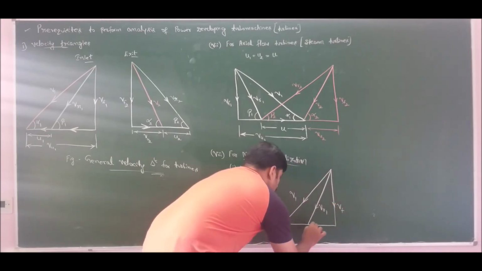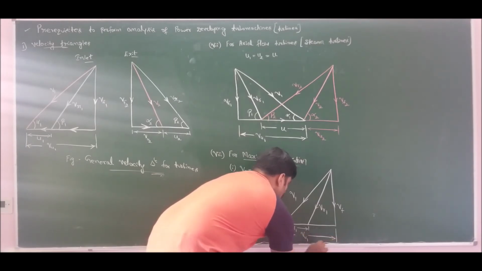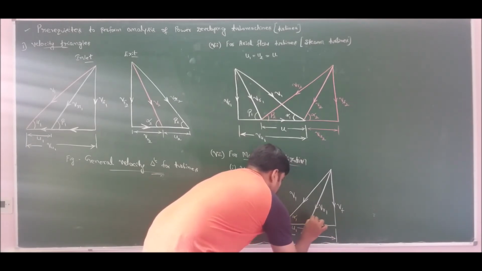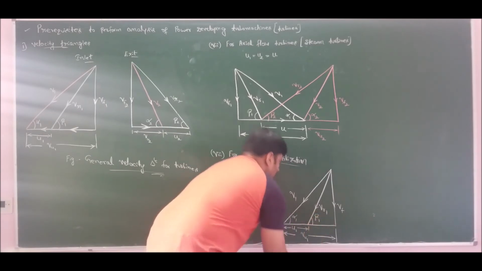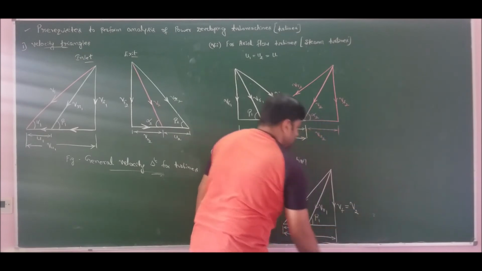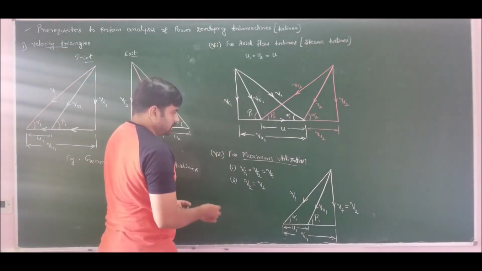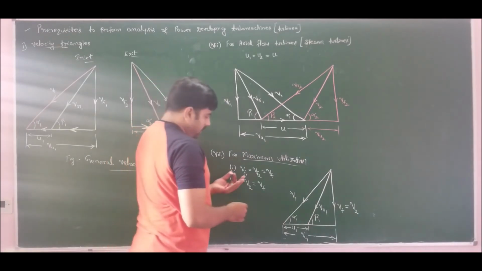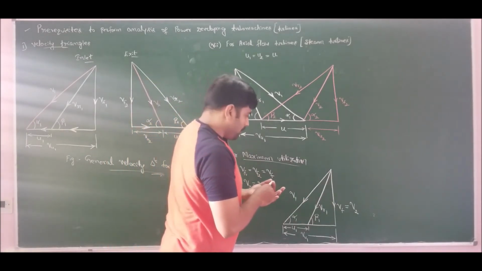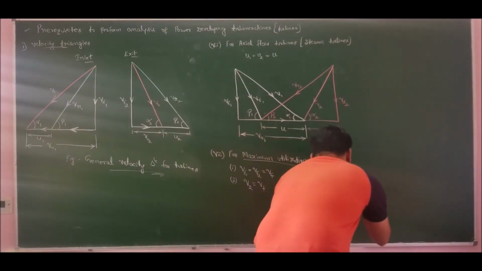From V1 to VR1 is U1, and from V1 to flow is the tangential component VU1. The angle made by V1 is alpha 1, the angle made by VR1 is beta 1. Now we have Vf which is equal to V2. When Vf is equal to V2, it gives us two more conditions: alpha 2 should become 90 degrees and Vu2 should become 0.